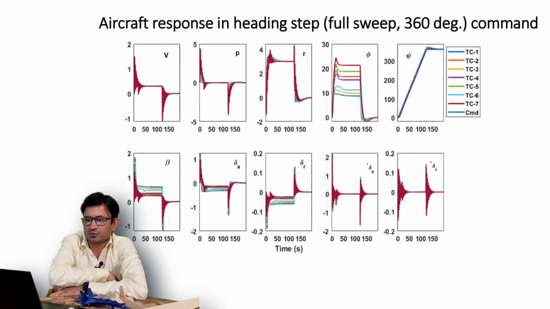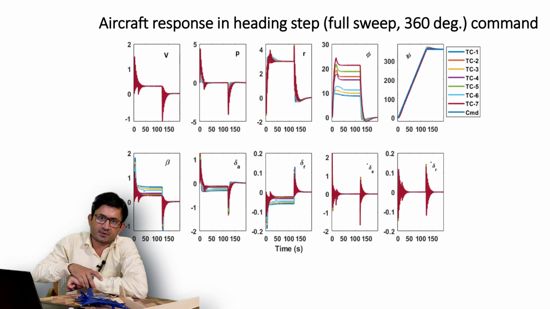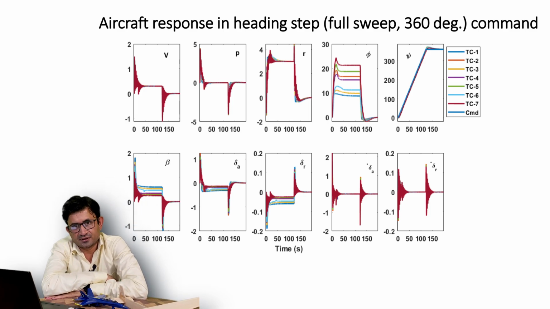Now in this case, I already told you what example aircraft I considered in the previous lectures, and what trim condition we are testing this controller in. I have commanded a 0 to 360 degree sweep, with approximately 3 degrees per second.